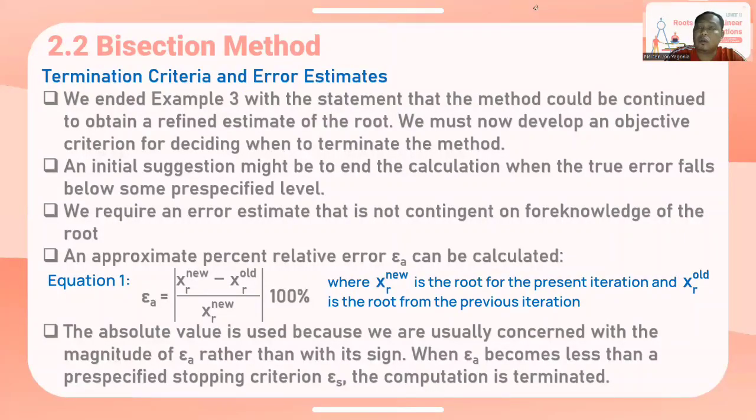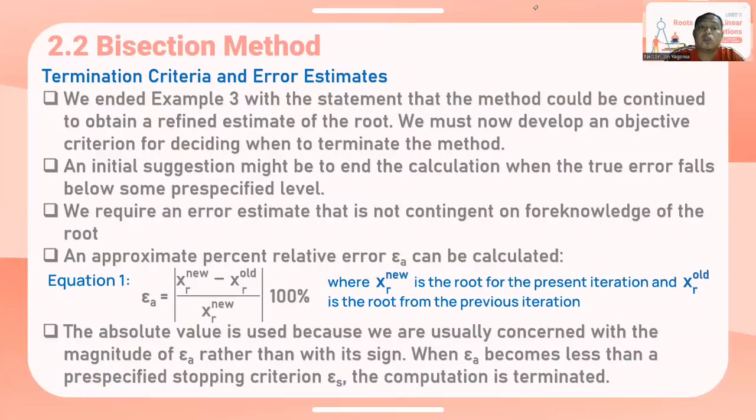So we shall find a way, using these error estimates, to terminate the method, or decide when we will stop the iteration.